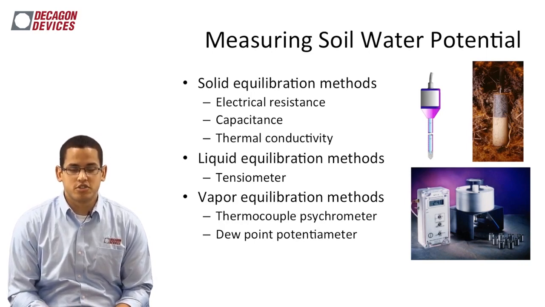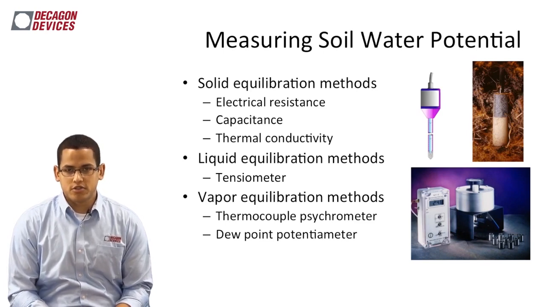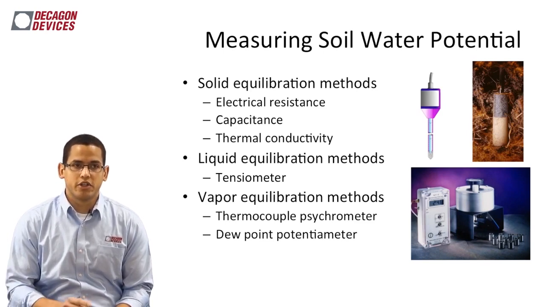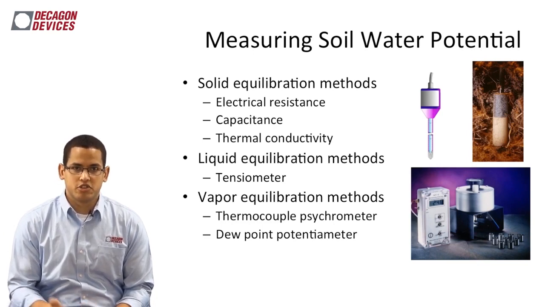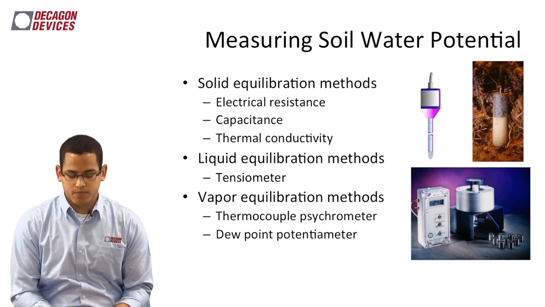We have electrical resistance methods, which involves granular matrix, where we are inserting that granular matrix into the soil. It comes into equilibrium with the soil, and we are measuring the electrical resistance of that granular matrix.